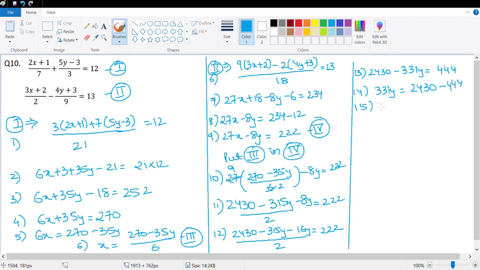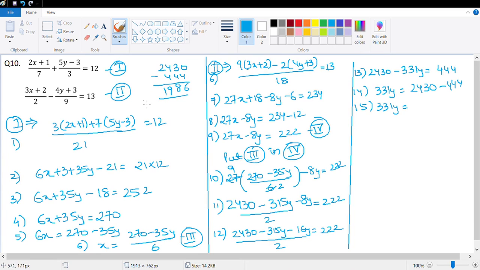Which will be 331y is equal to, let's subtract it here, 2430 minus 444. 10 minus 4, that's 6. 12 minus 4 is 8. 13 minus 4 is 9.